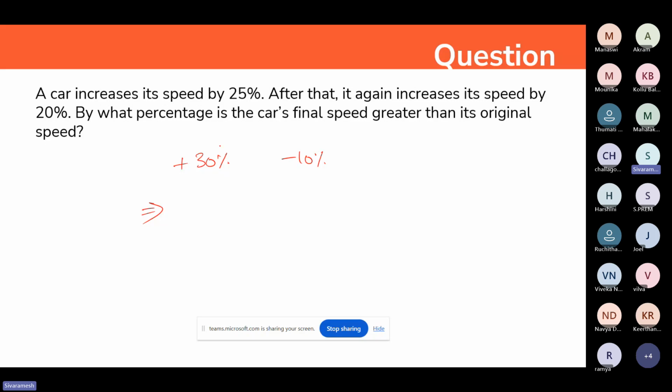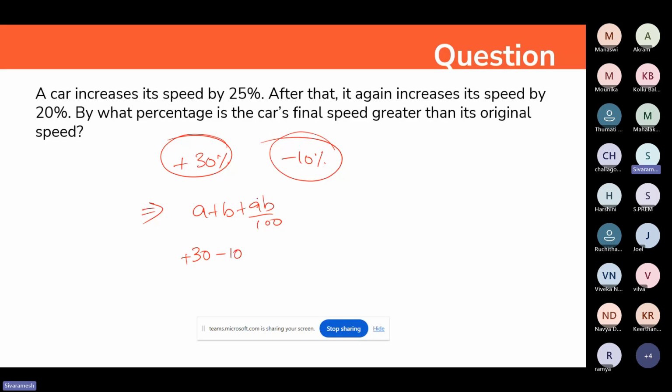See, the first time it increased by 30%, the second time it decreased by 10%. Again you can apply the same formula a plus b plus ab by 100, which we can apply for successive changes. The first time is a 30% increase, so plus 30. The second time it got decreased, and remember, very important, when it is decreasing you should take minus.